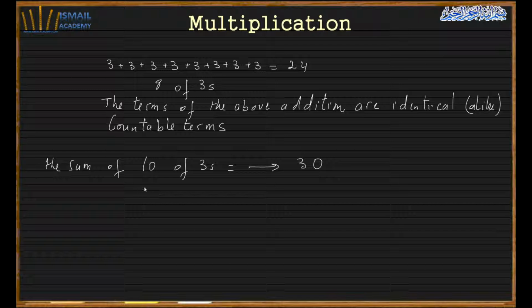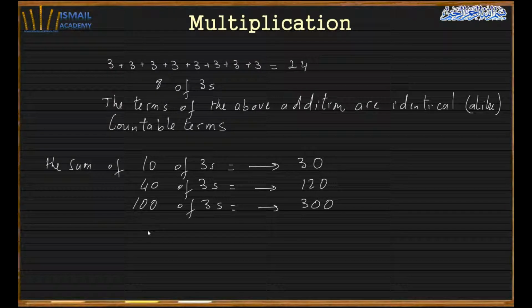Now if I want to find the sum of 40 terms of threes, I will create the sum of 40 terms and add them, then I will get 120. Again, for the sum of 100 terms of threes, I will create the sum of 100 terms, I add them, then I will get at the end 300.